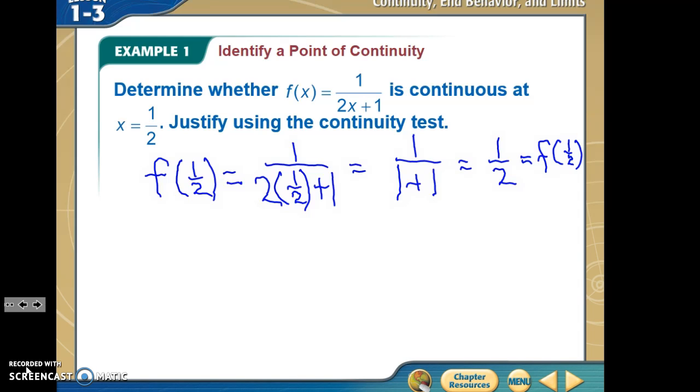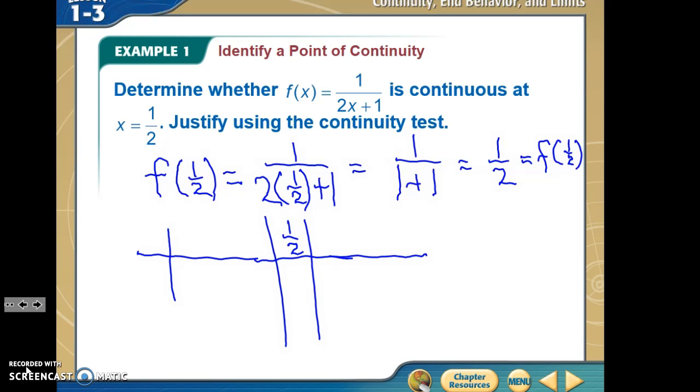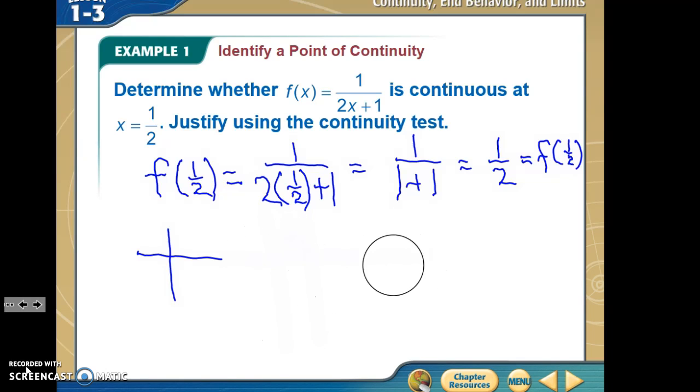Now what we need to do is test our limits. So we're going to make a little table. We have our c value here, which is 1/2. I'm going to write it as a decimal because we're going to go a little bit to the left and a little bit to the right.